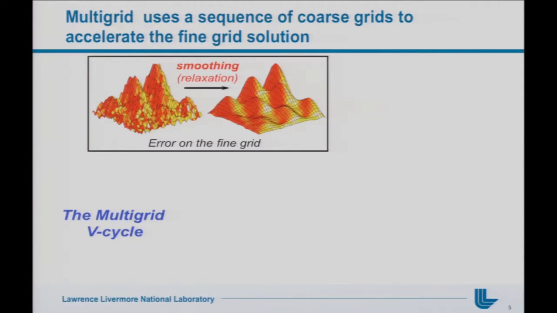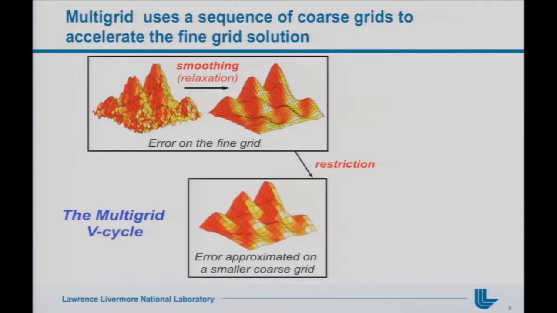After a couple of iterations of this, at least in the classical setting, what happens to this underlying error is it gets nice and smooth. And so what multigrid does is approximate it on a coarser grid. You can do that very accurately and, of course, more efficiently because it's a coarser grid. Solve for that, you interpolate back to the fine grid, and you can make very rapid progress towards a solution.